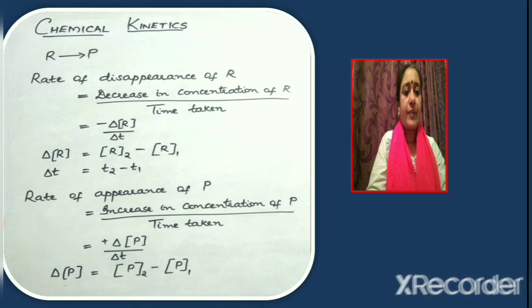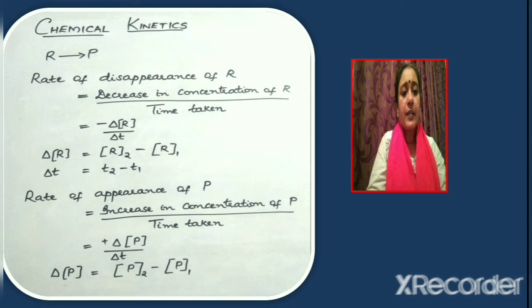How can we define the speed of a reaction? It is defined as the change in the concentration of the reactant or change in the concentration of the product in unit time. We know that as a result of chemical reaction, there will be a decrease in the concentration of the reactant and an increase in the concentration of the product.